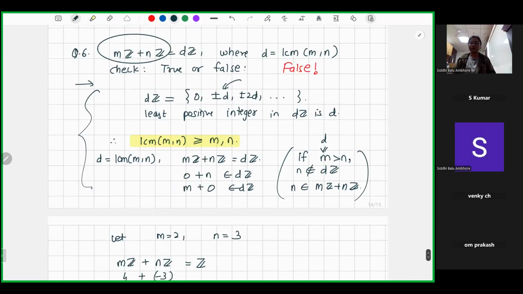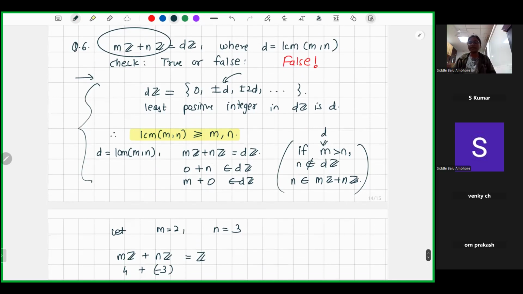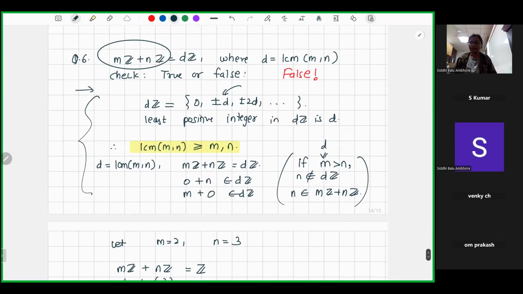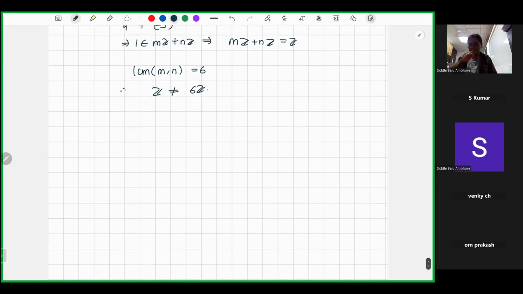In fact, you can take it as an exercise and try to prove that mZ plus nZ is dZ, where d is in fact the GCD of m and n.